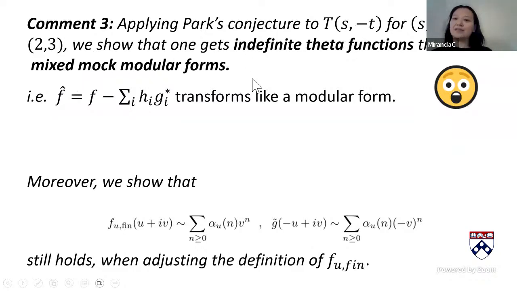And then again, if you massage it well enough, you could get indefinite theta functions. But it turns out that they're no longer mock modular forms. It turns out that in these cases, they're mixed mock modular forms. So what is mixed mock? It just means that the completion, the thing that is non-holomorphic and transforms like a modular form, is not just a combination of the original function together with one non-holomorphic Eichler integral of some one modular form.